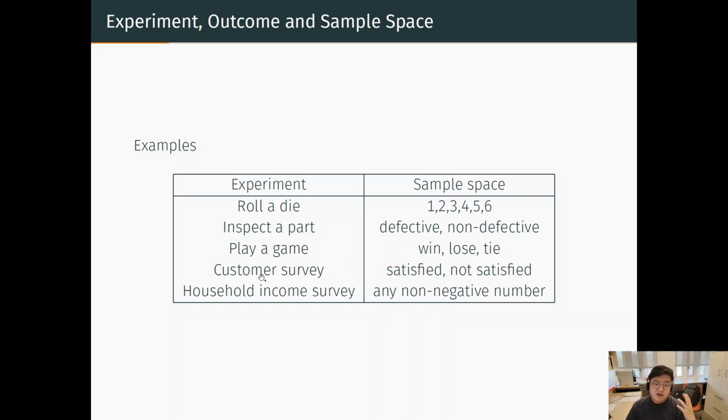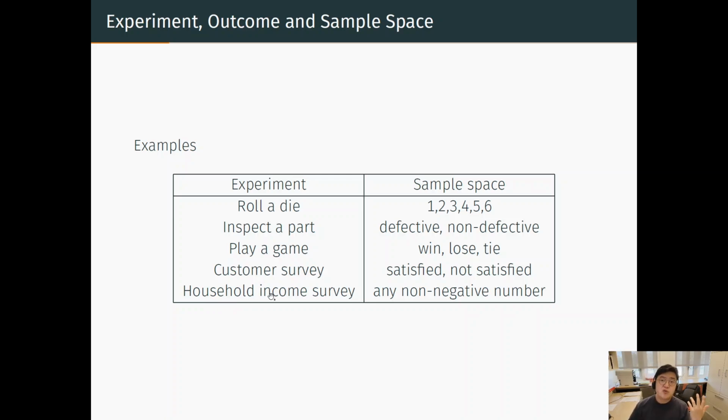Customer survey. If you design a survey like satisfied or not, there are 2 outcomes. But it depends on the question. If your question asks about a point from 0 to 10, then there can be 11 possible outcomes. And finally, income survey.